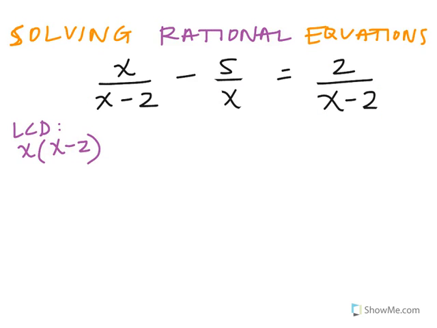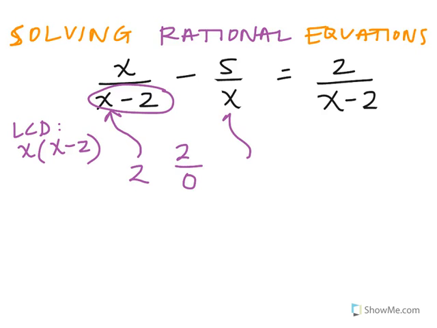Now we also need to pause to note that if we plug in a certain value of x into this equation, it would cause a fraction to be undefined. If you plugged a 2 in for x there, you would have 2 over 0, which is undefined. So the value of 2 cannot be a solution to this equation.